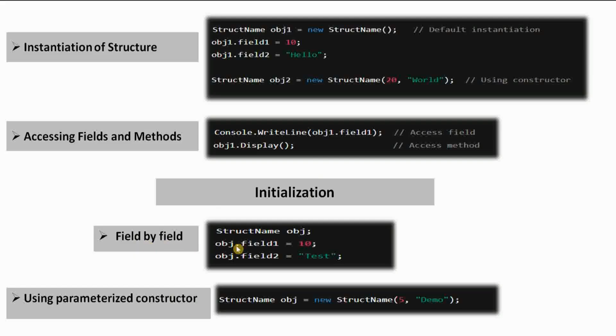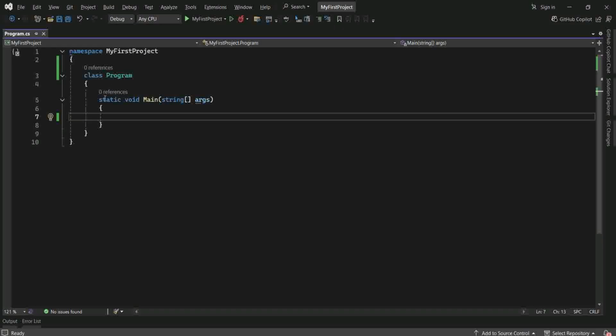Field by field, if we want to provide values field by field, or using a parameterized constructor, in this way we can provide values at initialization time. So let's see all of this in Visual Studio.